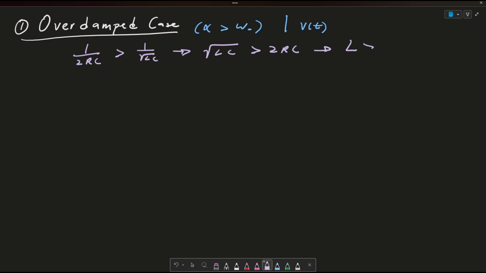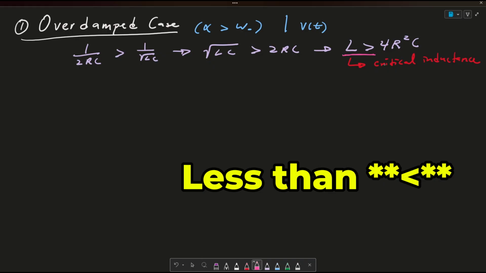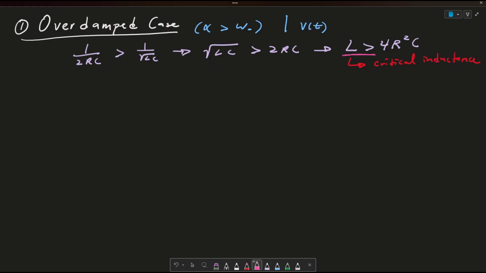Therefore, L is greater than 4R squared C. This L, or this inductance, is what you call the critical inductance. And the reason why we care about this is because if the inductance is greater than this 4R squared C, we will prove that it is non-oscillating, versus when it's 4R squared C, it is going to be oscillating.